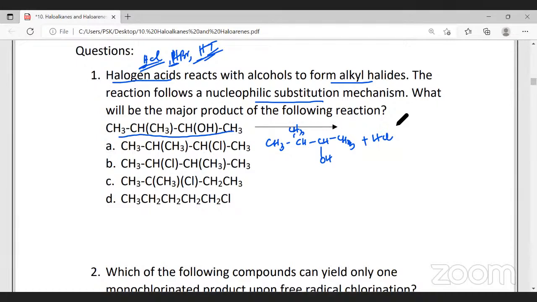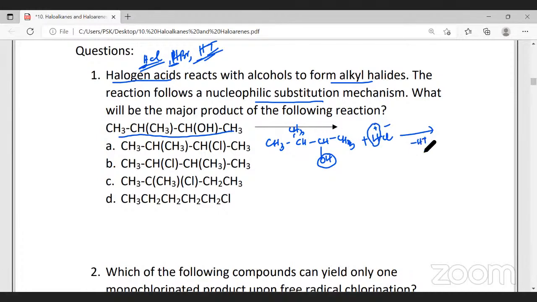Now, this HCl will have H plus and Cl minus. You should remember it will have H plus and Cl minus. So what happens is the OH minus leaves, and with the H plus ion it gets eliminated as water.